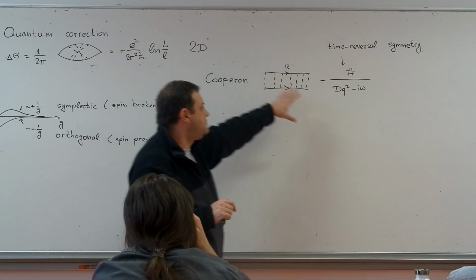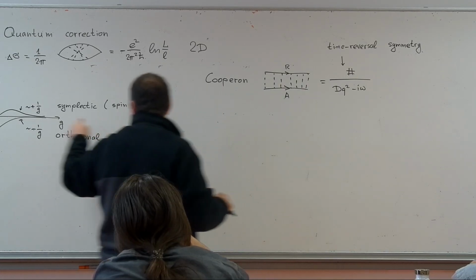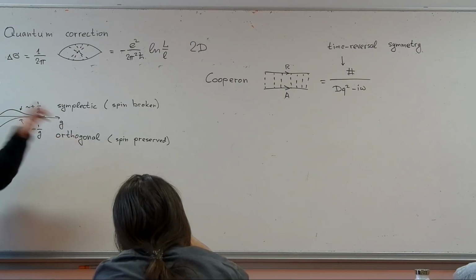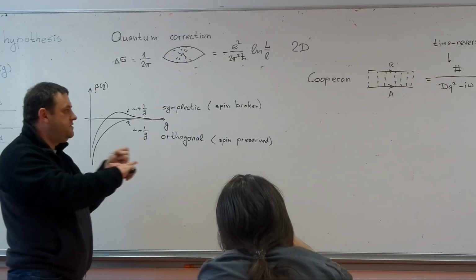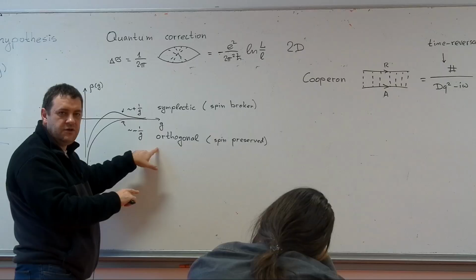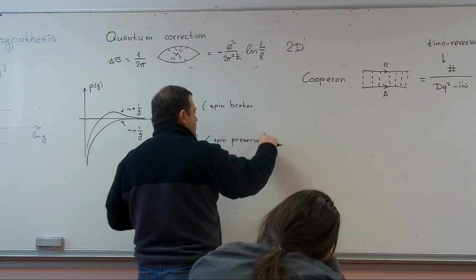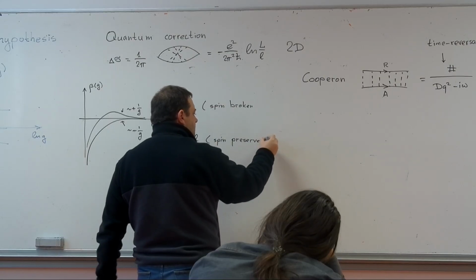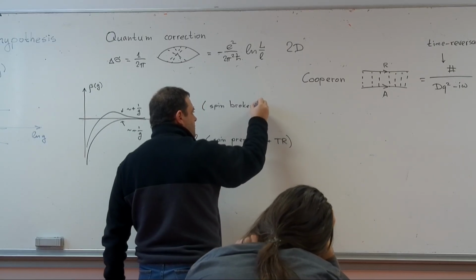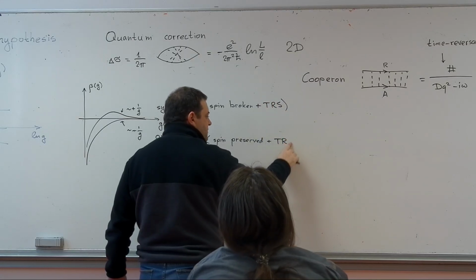So due to time reversal symmetry, we have this additional mode, and we have these quantum corrections. And there are two cases. If both time reversal symmetry is present and spin symmetry is present, we have the orthogonal case. If time reversal symmetry is present but spin symmetry is broken, then we have a symplectic case.